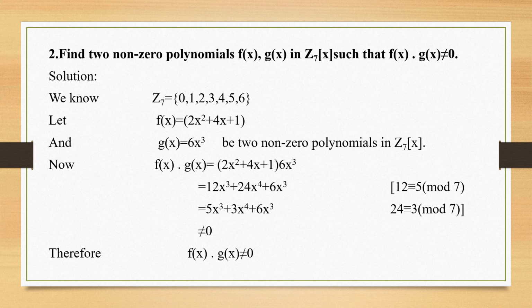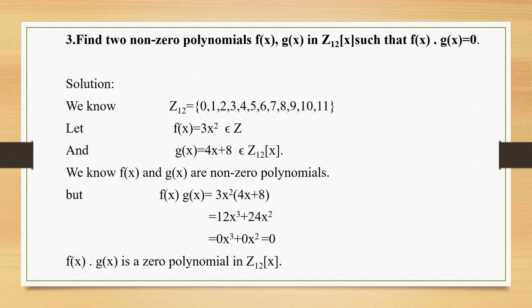Is that clear? Now the next problem says that, in contrast, in Z12 we have to choose two polynomials such that the product of them will be 0. So when will it be 0? When the remainders are 0. So when will the remainder be 0? When it is perfectly divisible by 12.